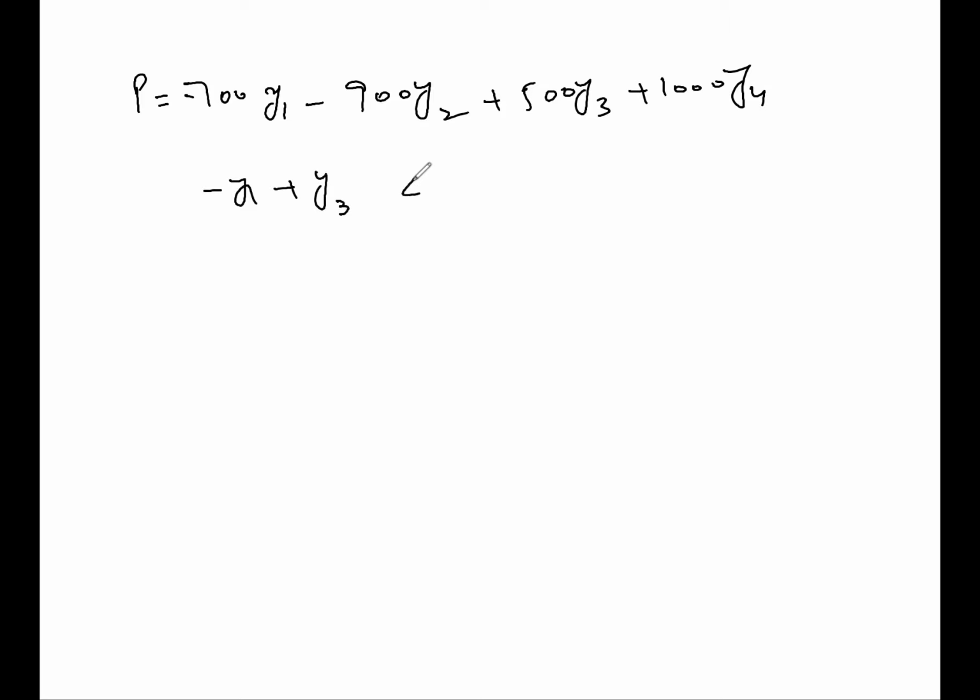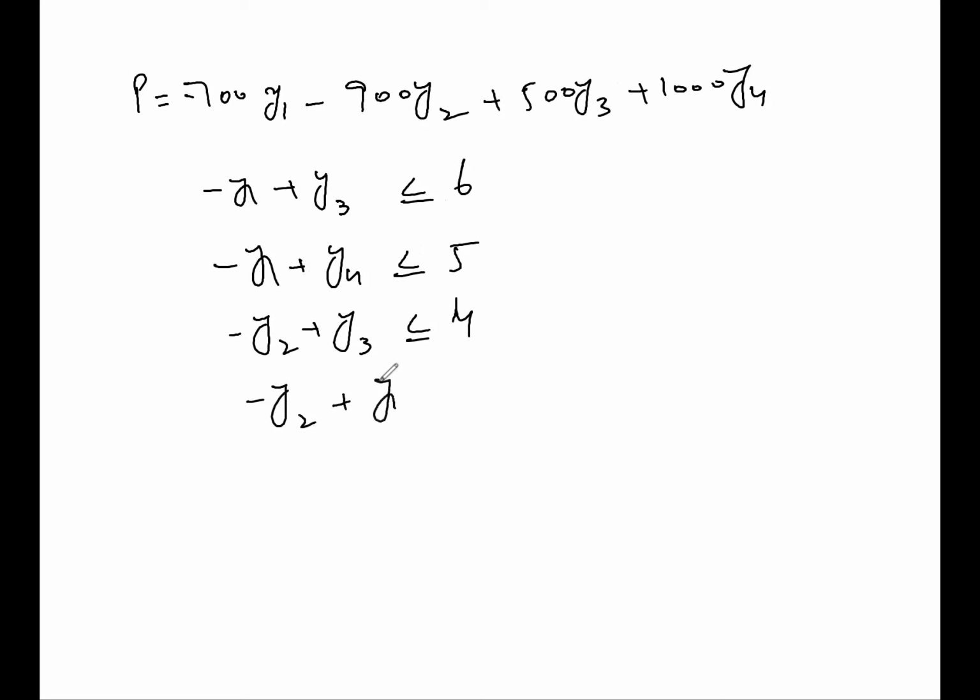Your profit will become like 700 y1 + 900 y2 + 500 y3 + 1000 y4, and the constraints will be -y1 + y3 less than or equal to 6, -y1 + y4 less than or equal to 5, -y2 + y3 less than or equal to 4, -y2 + y4 less than or equal to 8. Now this is a problem of maximization.